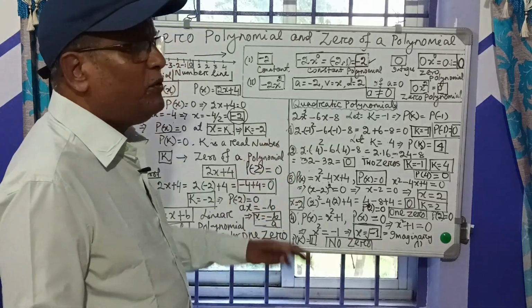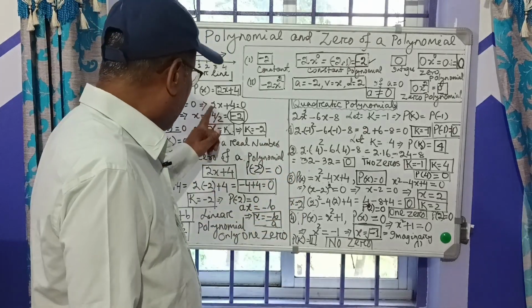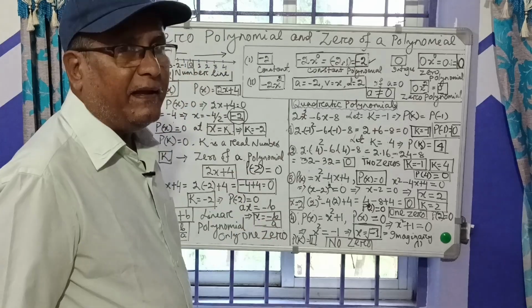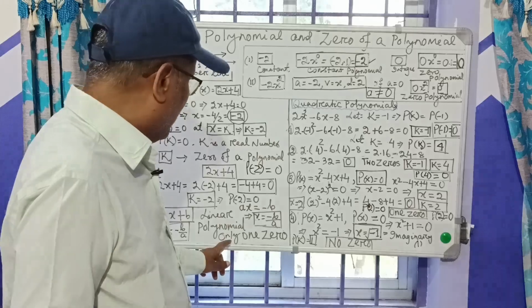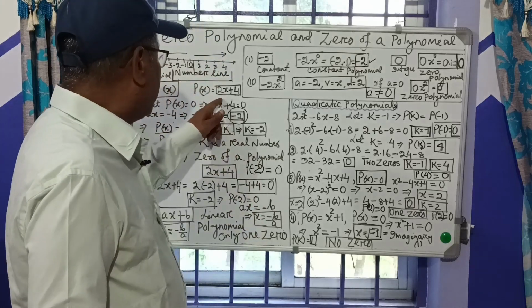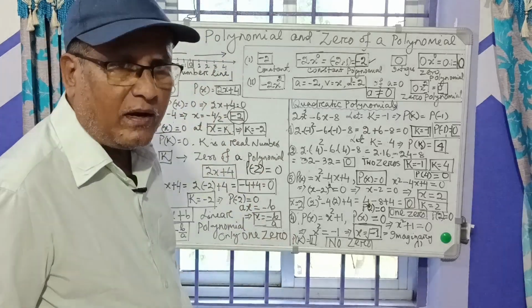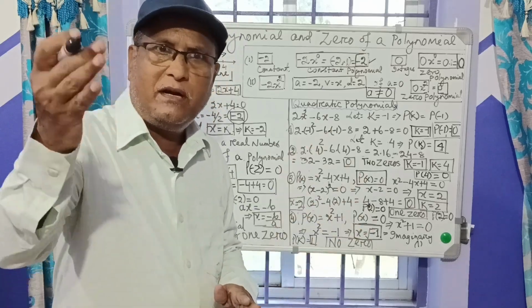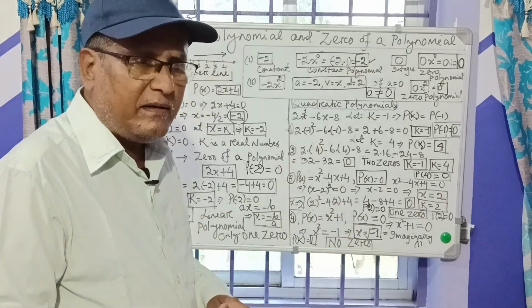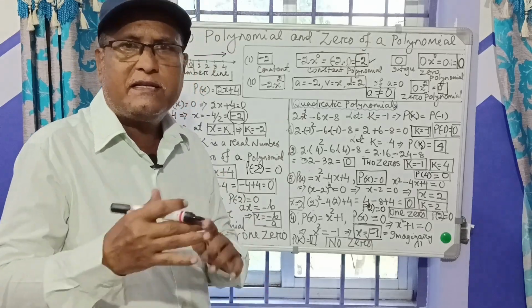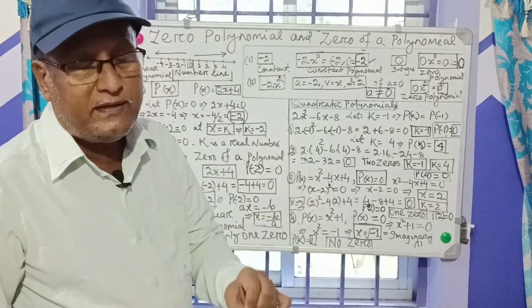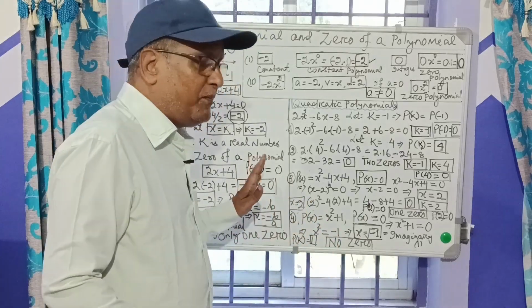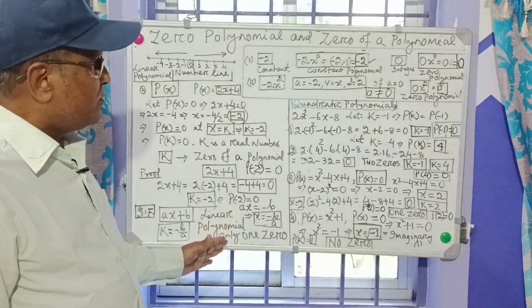How many zeros do we find here? In the case of a linear polynomial, only one zero, that is minus b by a. And the graphical representation we have already discussed. It will be a straight line, and the line will intersect the x-axis, and the x coordinate is the zero of that polynomial. Hope this part is clear. Come to the next part.